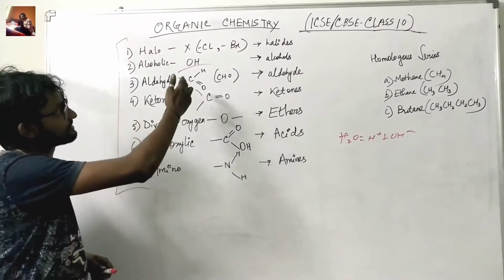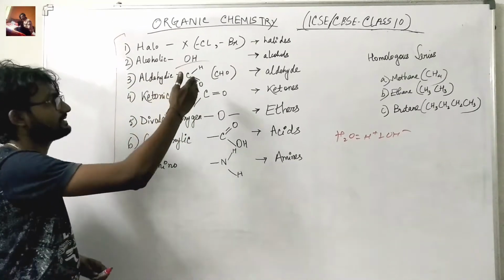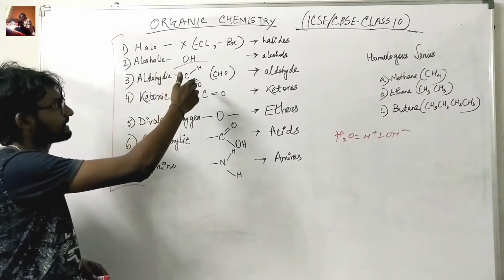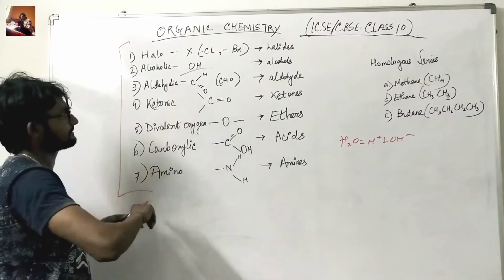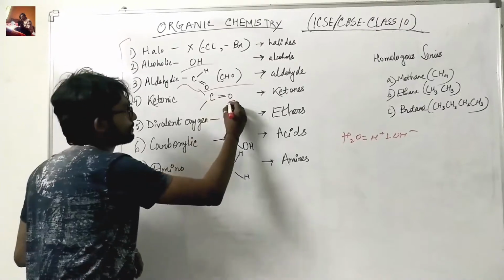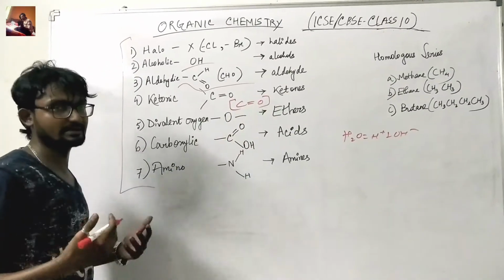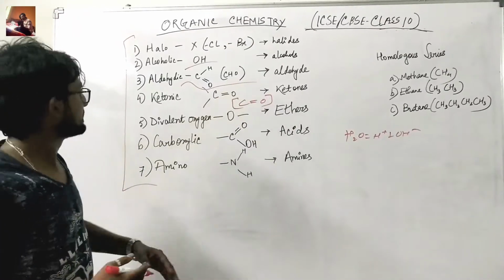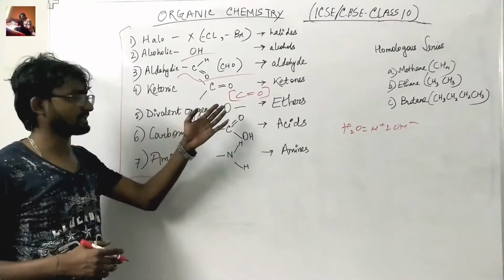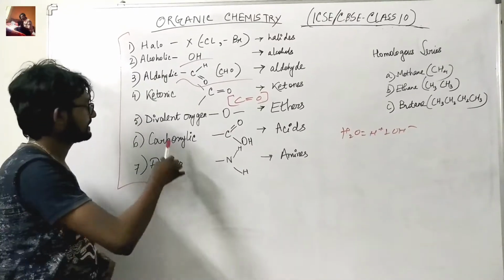Aldehydic is CHO. This group is called aldehyde. Ketonic is C=O over here. So the CO group is the ketone group. Divalent oxygen, comprised of oxygen only, attached to carbon, is ether.